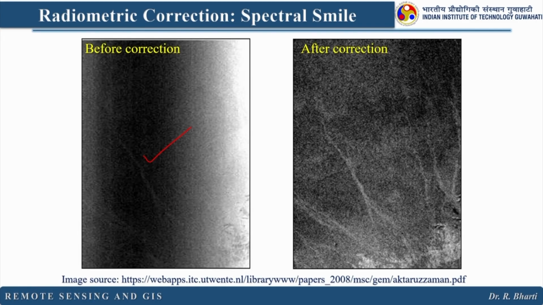So, here before correction this was not having any information, but after correction we are having this. So, here if you plot, this will be something like this, which was supposed to be like this, right. So, this is one example, and this is taken from this particular thesis, you can also go through it.